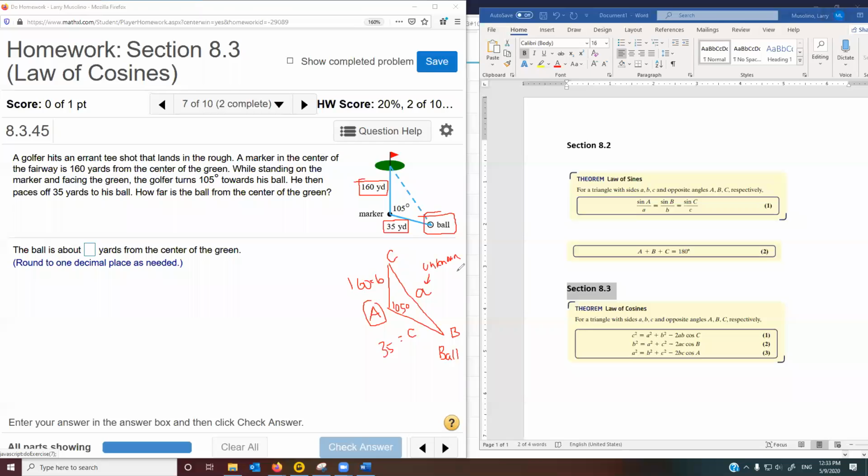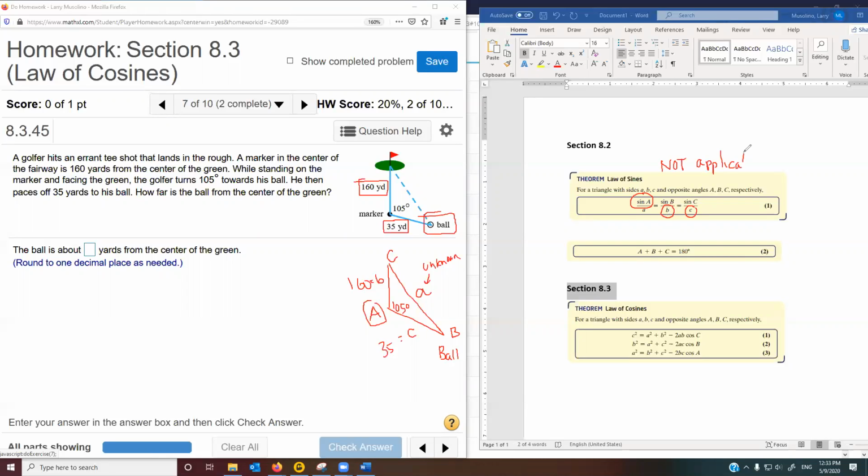All right, let me see if I could use law of sines. I know side B, I know side C, and I know angle A. Notice I can't use law of sines, because I can't set one fraction equal to another where I would know 3 of the 4 quantities. So it looks like law of sines is not applicable here.